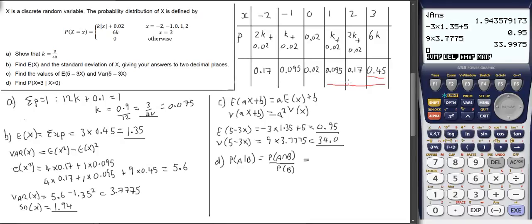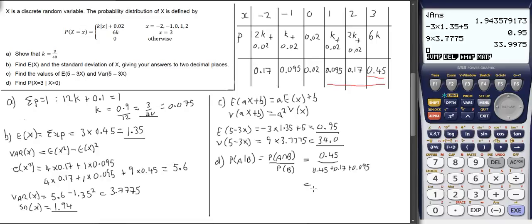The probability that x is 3 and x is greater than 0 is simply this, 0.45. And the given bit is, given that it's greater than 0, well, the chances of it being greater than 0 is these three added up together. So it's 0.45 plus 0.17 plus 0.095.